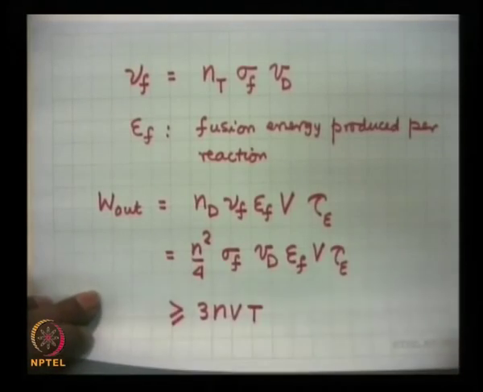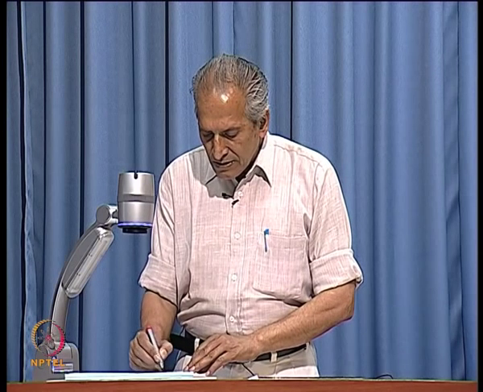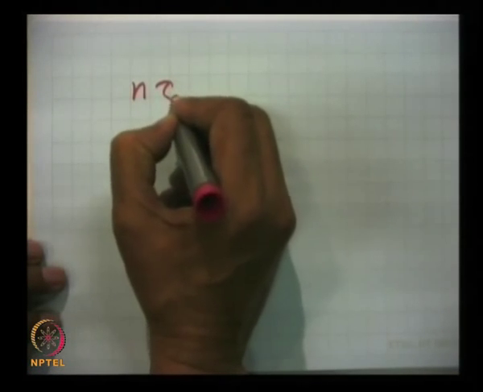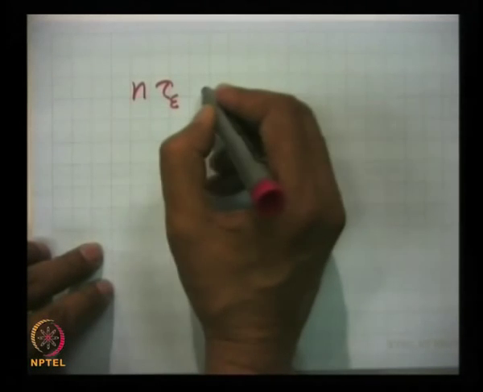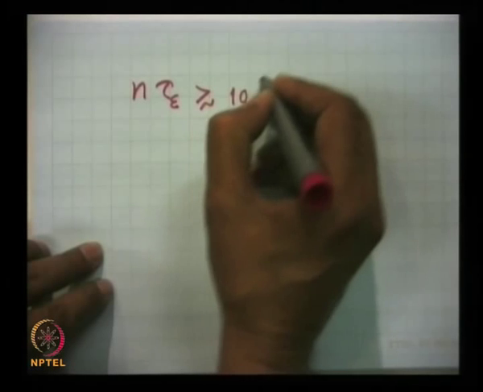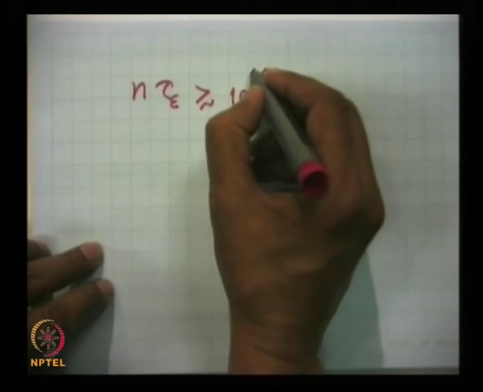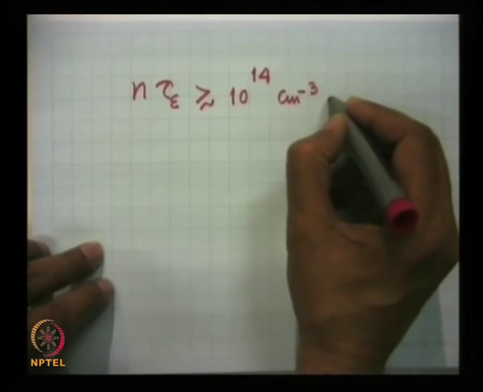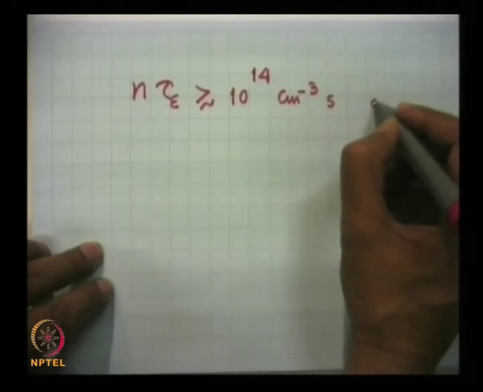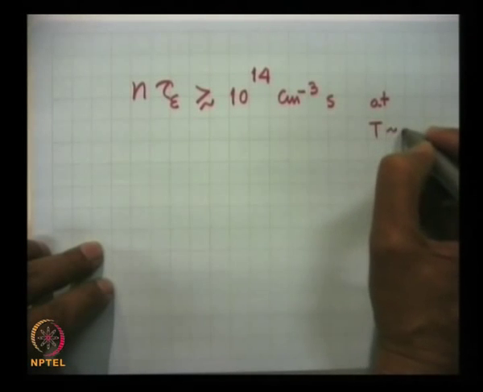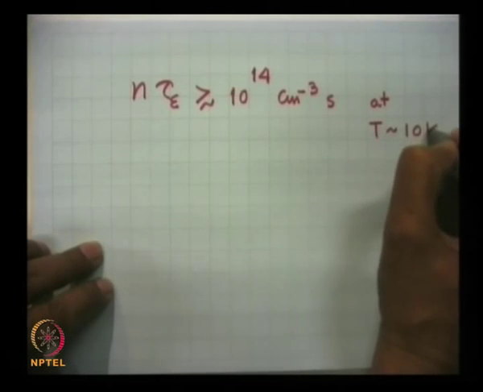And when you put these numbers here, what you find is that the density and energy confinement time product must exceed, or should be of the order of, 10 to the power 14 per centimeter cube into second at an electron temperature, or plasma temperature, of 10 keV.